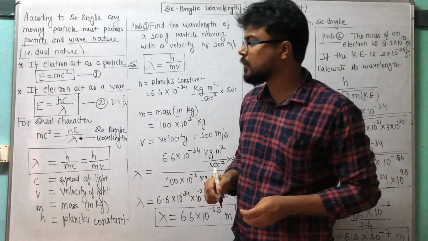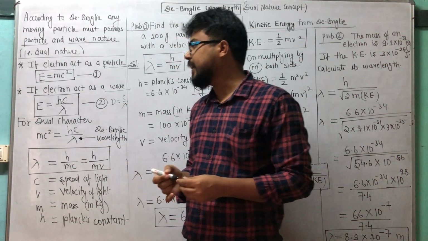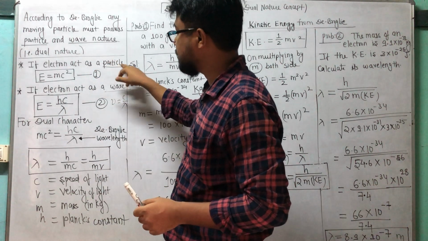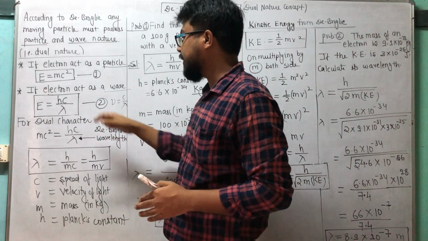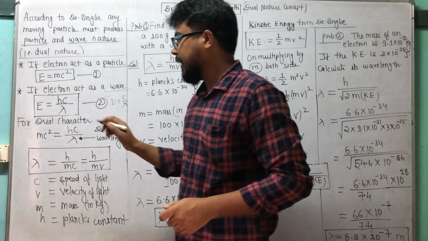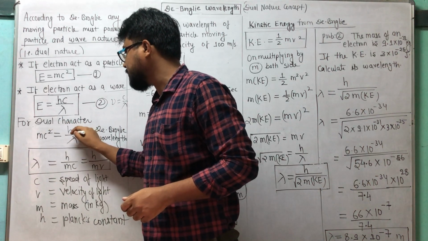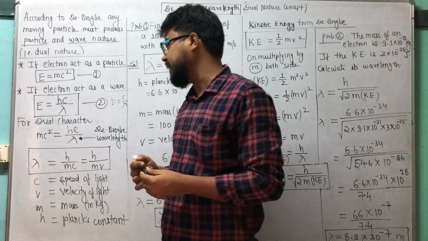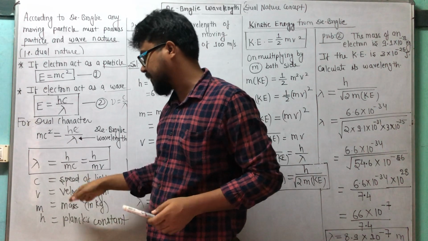So E equal to hc by lambda. For dual character, it is acting as a particle as well as a wave, so mc square equal to hc by lambda, and further c will be cancelled. Hence the answer is mc equal to h by lambda, or lambda equal to h upon mc.